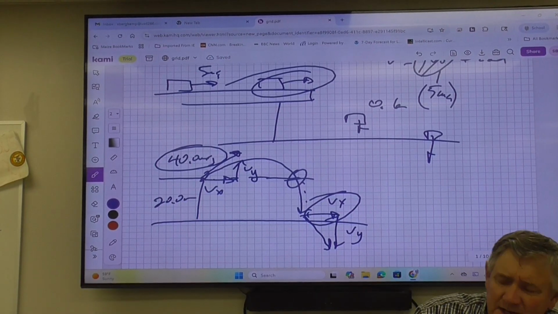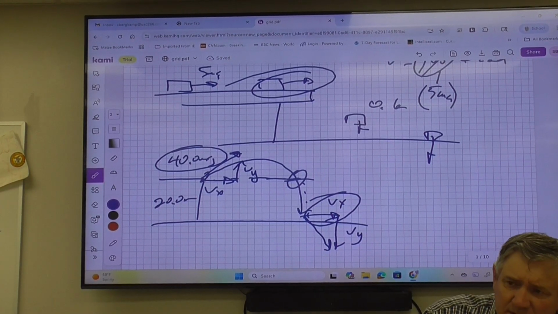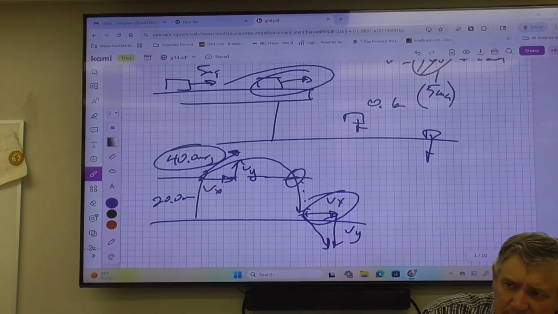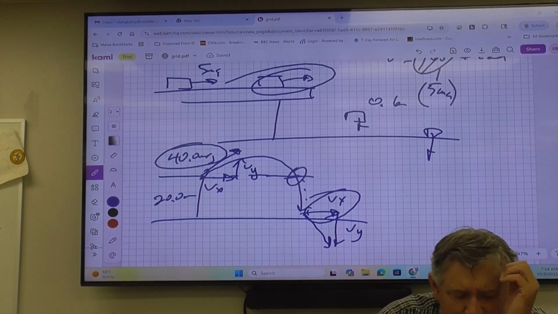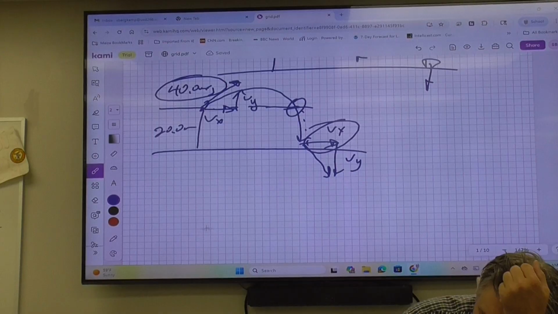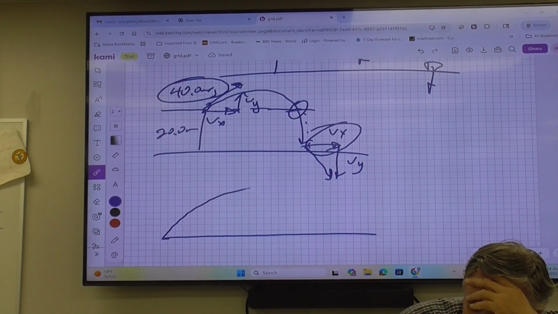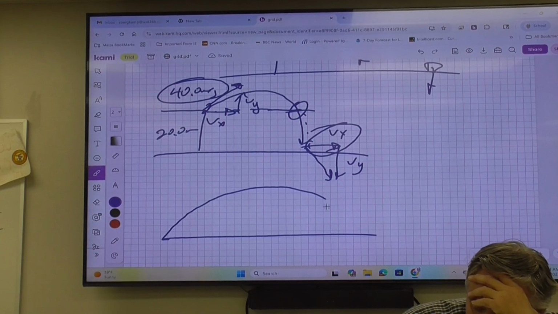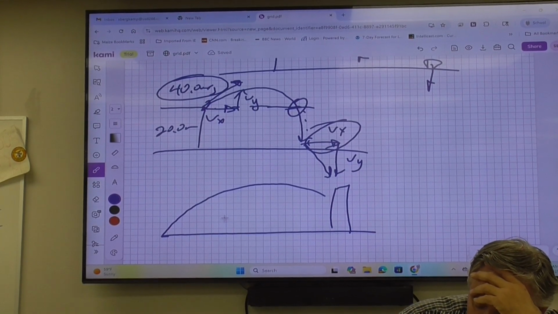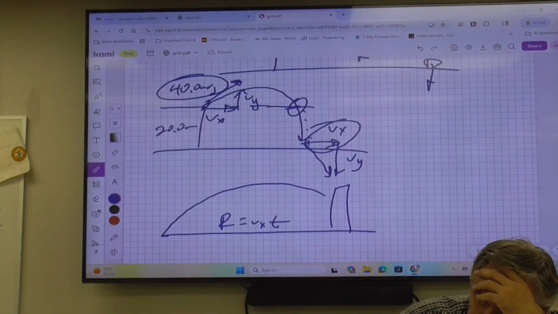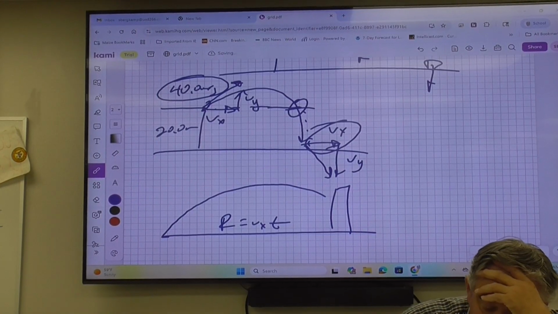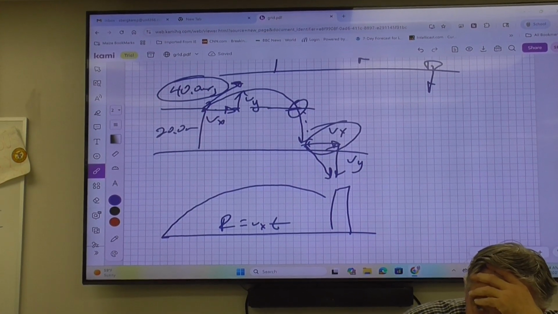Use V naught T plus 1/2 AT squared. Okay. So you've got to be able to do this on a question today on the lab. So here's the wall, right? So you know range equals Vx times time. What do you have for your answer for 24A?